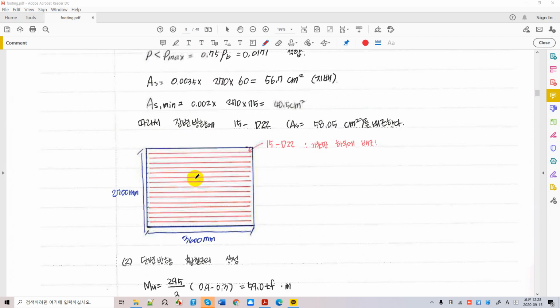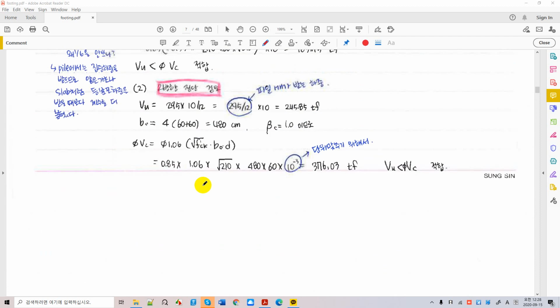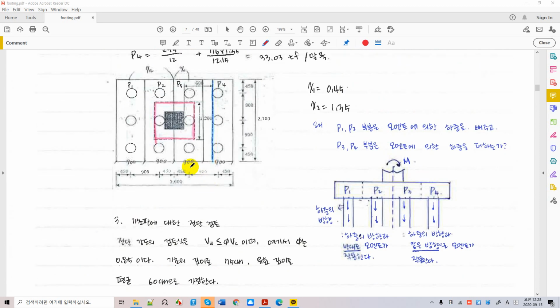Okay? And probably we have a different bending moment in here. Yeah. We have a different bending moment because the piles are installed differently in the x-axis and y-axis, right? In this way, we have four piles in one line, one here, one here.